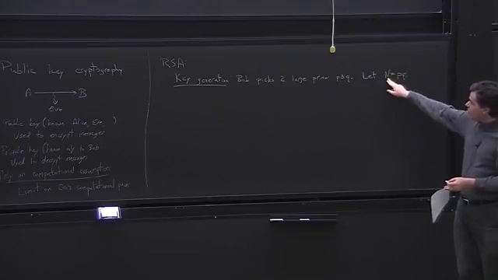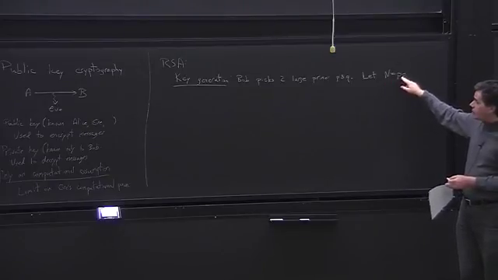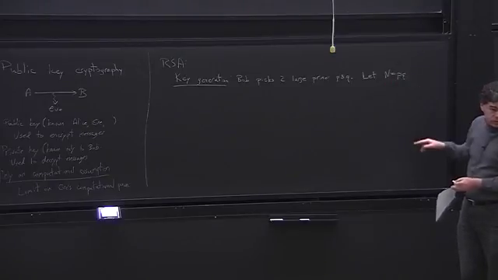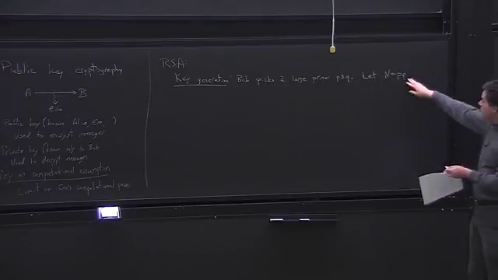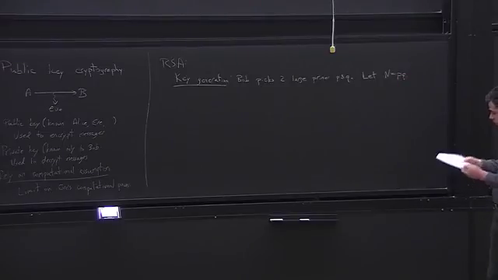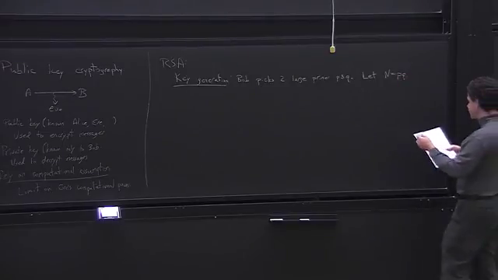That n is going to become part of the public key, but only Bob knows the prime factors P and Q. In fact, usually the private key and public key don't explicitly mention the prime factors. It's there implicitly.